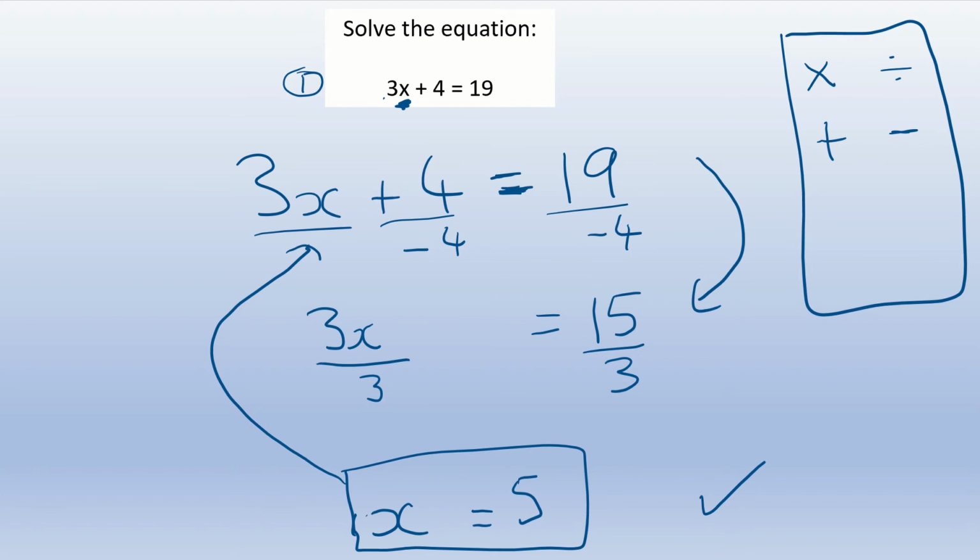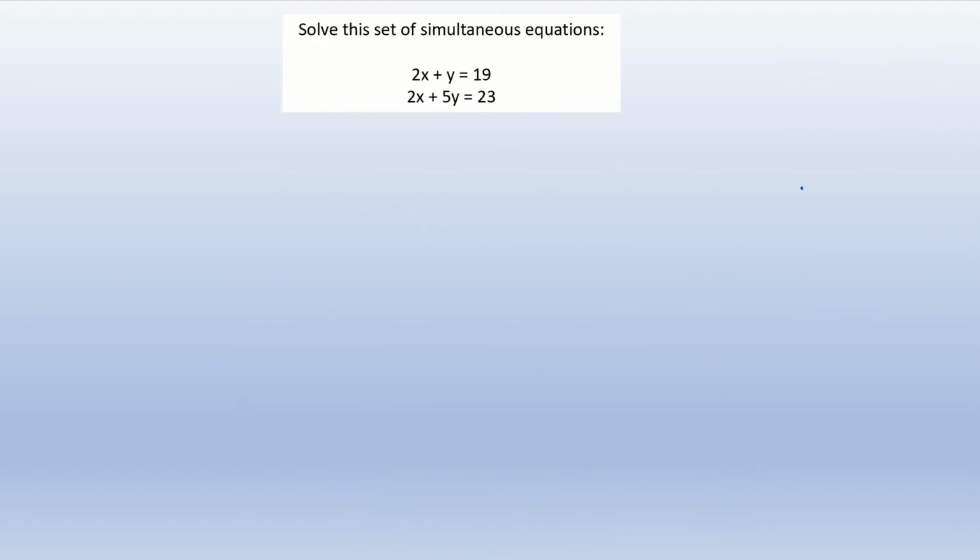with one unknown. Now, to make the step up to simultaneous equations, we need to be mindful of a couple of things. First of all, you're not just dealing with one equation, you're dealing with two. And you're not just dealing with one unknown, you're dealing with two. So just to talk through what the word simultaneous actually means.